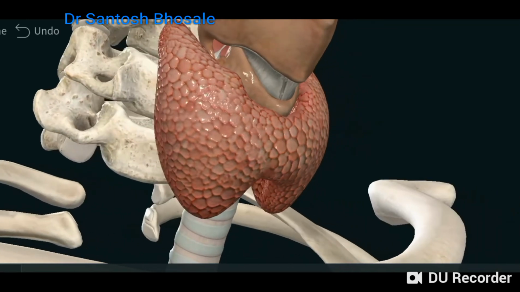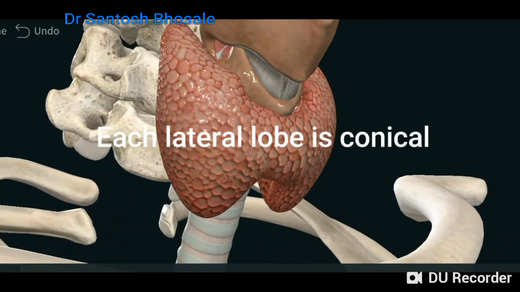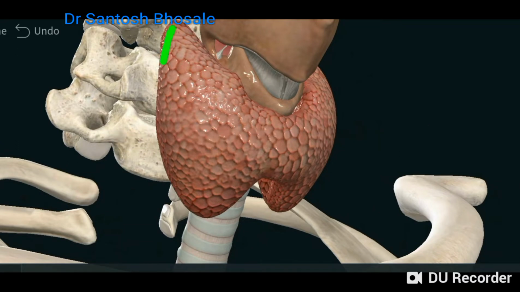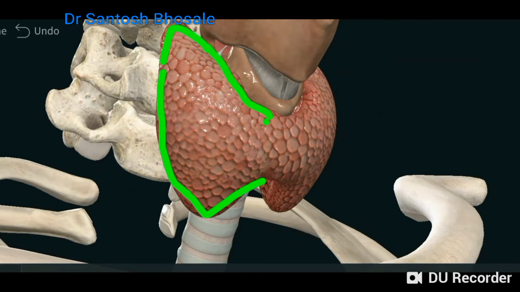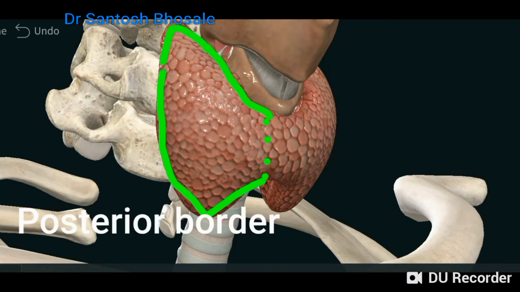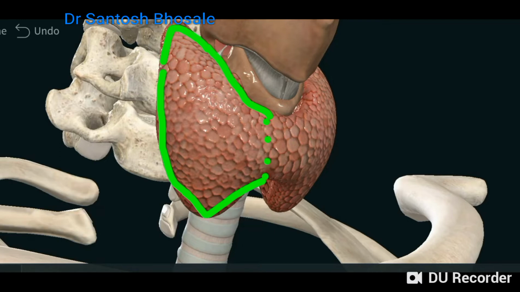And as you go here, each lateral lobe is conical in shape, having an apex, a base, an anterior border and a posterior border. You can see there. Apex is directed upwards and laterally.